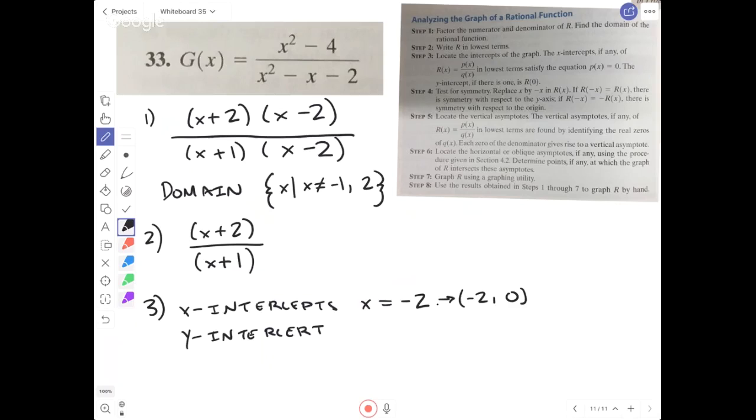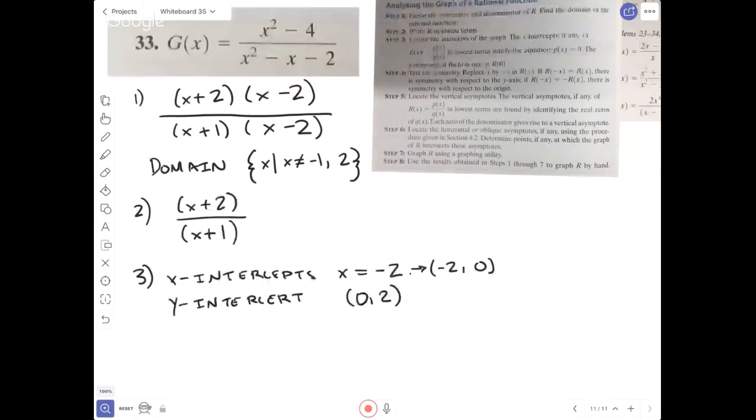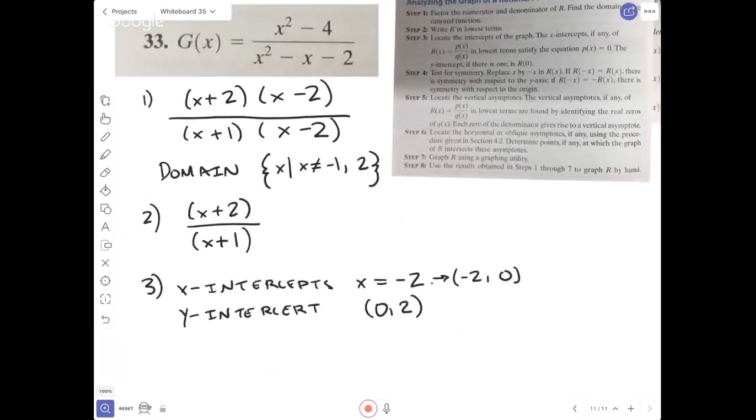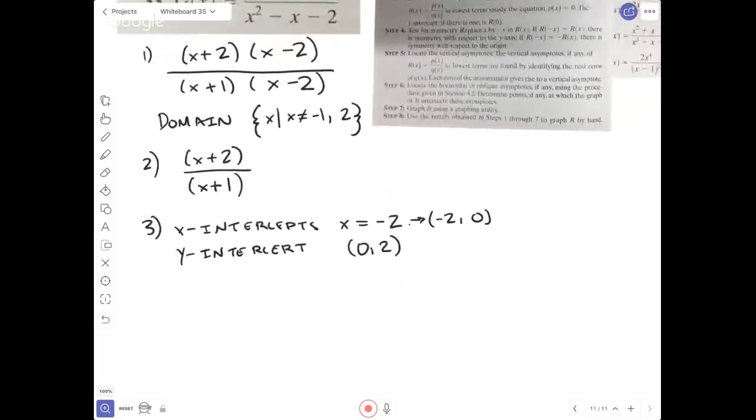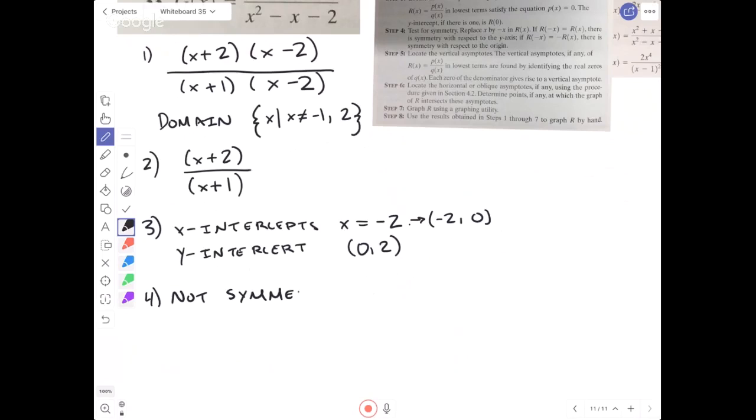Y-intercept: if I plug in 0, I'm going to get 2. So 0, 2. Step 4, test for symmetry. Ooh, this graph is not symmetric.